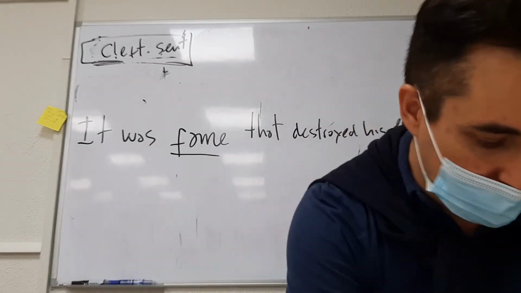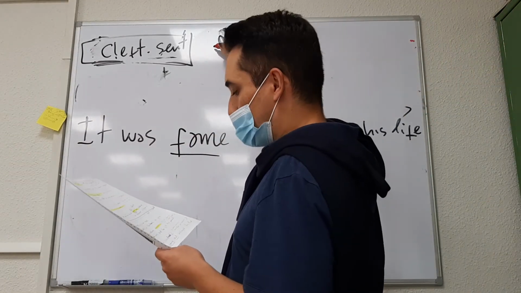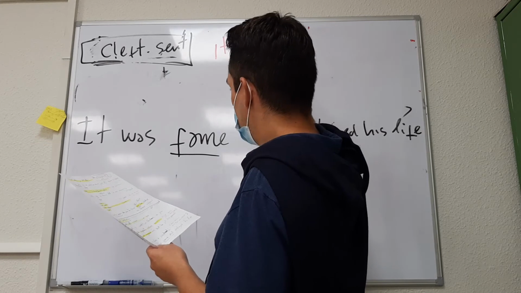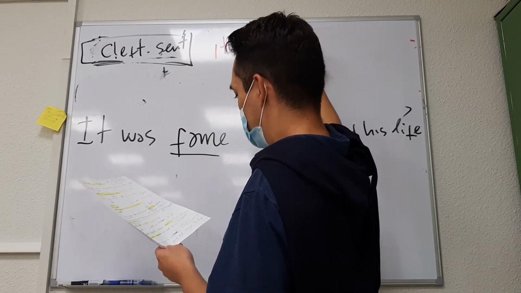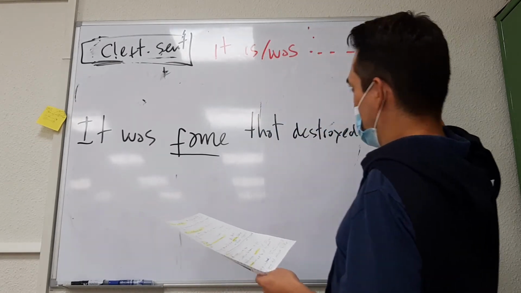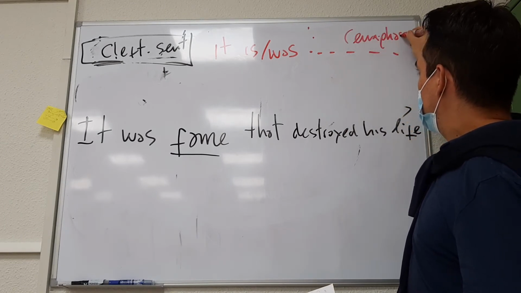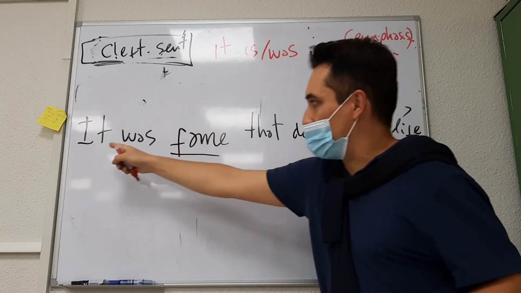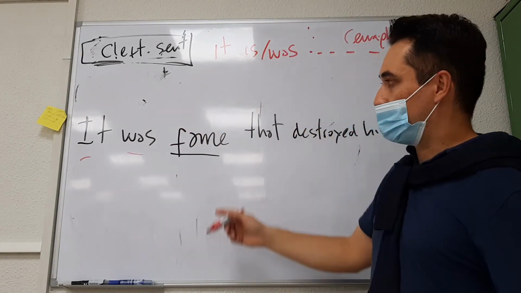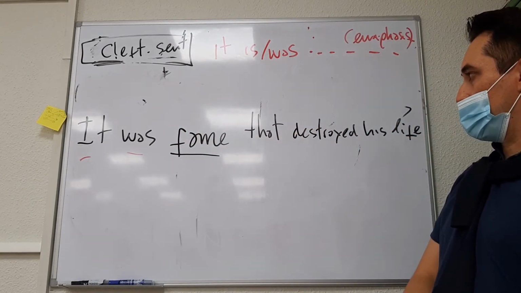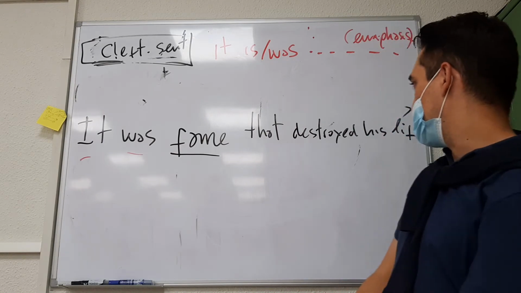How would you call these cleft sentences? This cleft sentence, I would call it "it is" or "it was", for emphasis. Changing the order, beginning with "it was" or "it is" for emphasis. So fame destroyed his life. It was fame that destroyed his life.